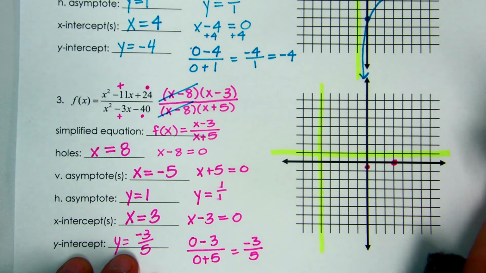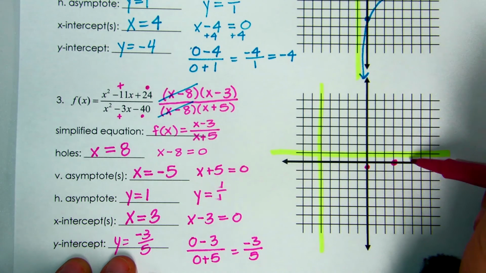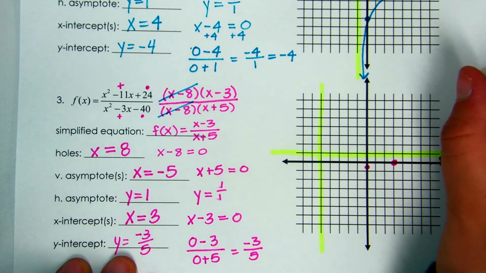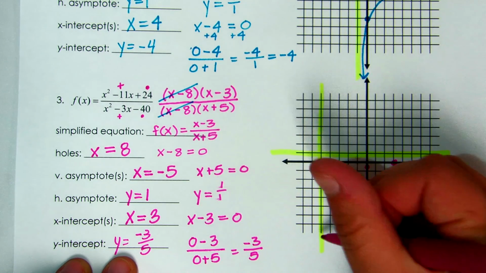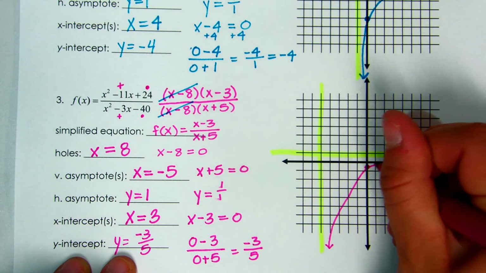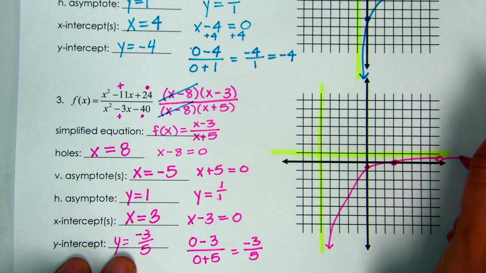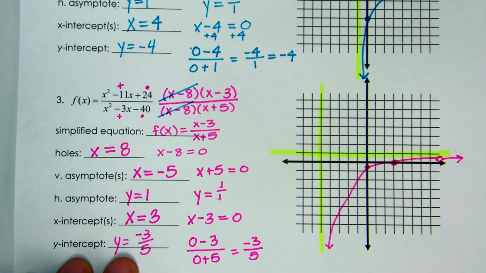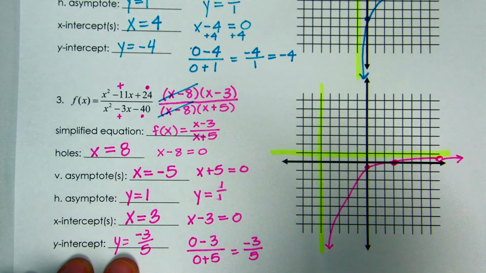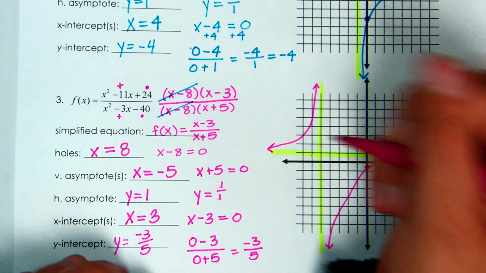And I'm going to have a hole at positive 8. So 1, 2, 3, 4, 5, 6, 7, 8. Almost off the graph over here. So sketch through the y-intercept, through the x-intercept, leave a hole at positive 8. And that means the other one is in the opposite corner, the top left.